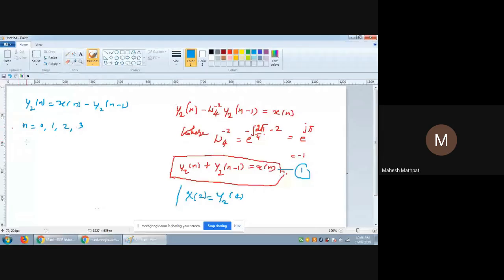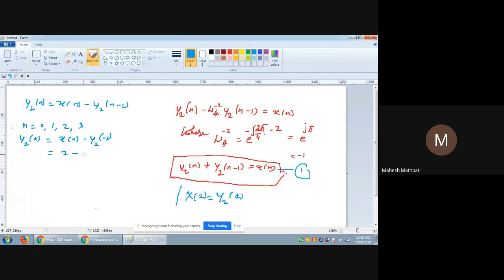So let us first let n equal 0. What will happen? y2 of 0 is equal to x of 0 minus y2 of minus 1. What is the value of x of 0 here? It is 2. And y2 of minus 1 is what?